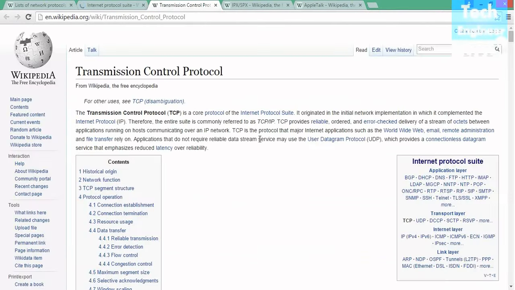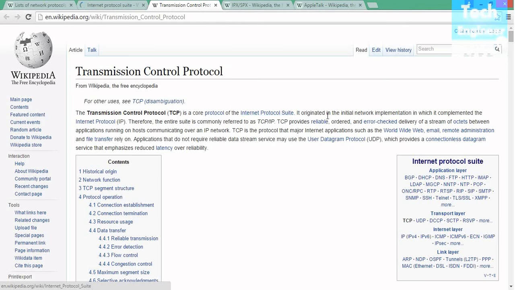Another protocol which is quite useful is the Transmission Control Protocol, and even that protocol is now used for the internet, and it's quite regularly used.